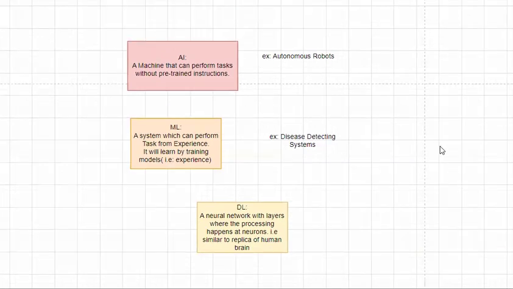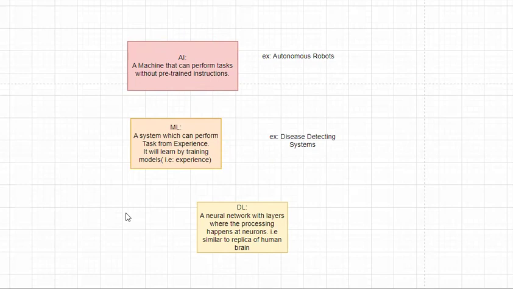In order to pre-train my AI models or ML models, I need some content, right? So for processing, these deep learning models are sufficient for me. But in order to train these models, I need some content, right? So how can I generate such a huge amount of content in real time?